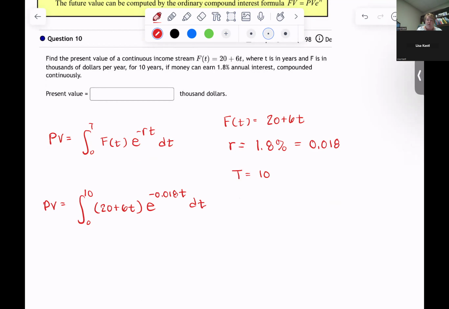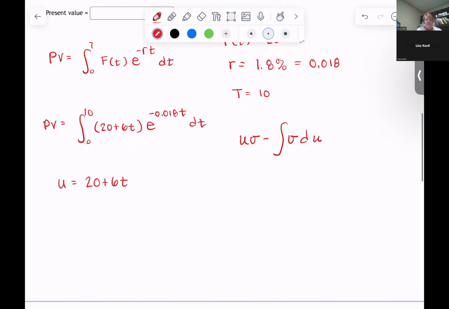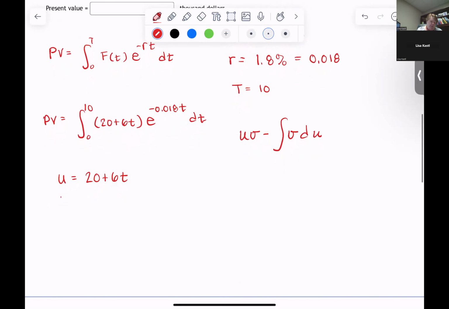So the formula for integrating by parts, we're going to get uv minus the integral of v du. So I need to decide what I'm going to let u and v equal. I'm going to let u be the 20 plus 6t. If I take the derivative of that, I'm going to get du is 6 dt. So I've got du now.